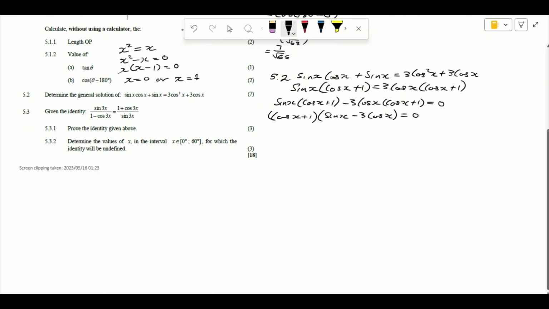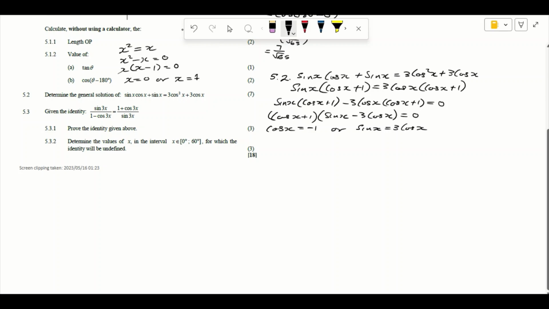Then we use the product law. Cos x plus 1 is equal to 0. Then now cos x is negative 1. Can you see? Or sine x minus 3 cos x is equal to 0. Then now we know that sine x will be equal to 3 cos x.